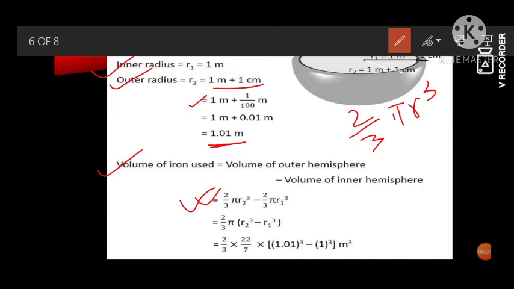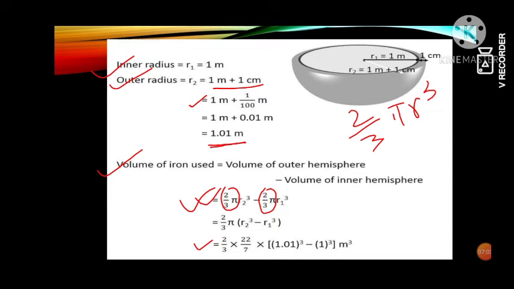So 2 by 3 pi R2 cube minus 2 by 3 pi R1 cube. You can see 2 by 3 pi is common for both parts, so we will take it out common and write 2 by 3 pi into R2 cube minus R1 cube. Pi is 22 by 7, as it is not mentioned in the question. So we will write 22 by 7 into 1.01 cube minus 1 cube.